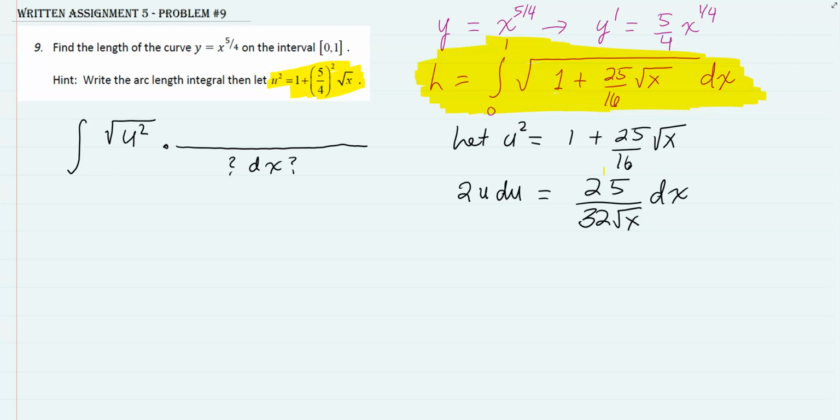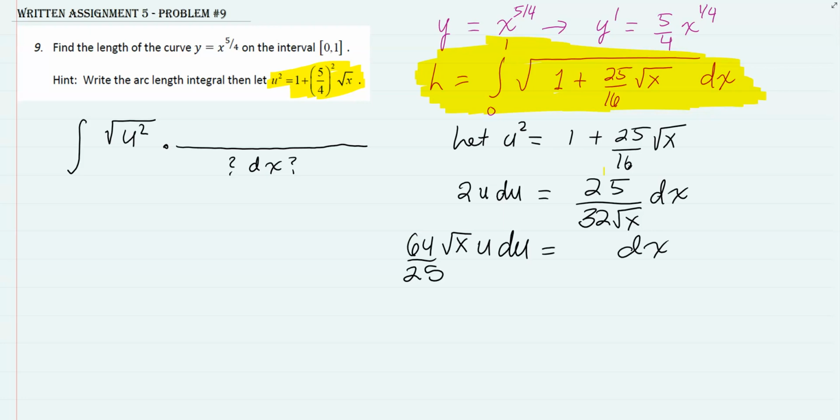So 2 times 16 is 32. So from here, if we solve for dx, we multiply by 32 square root of x, we'll have 64 square root of x, and divide by 25. So then that is dx.